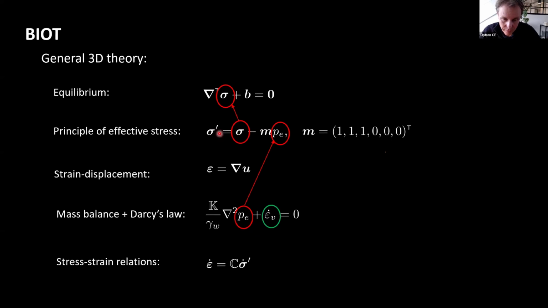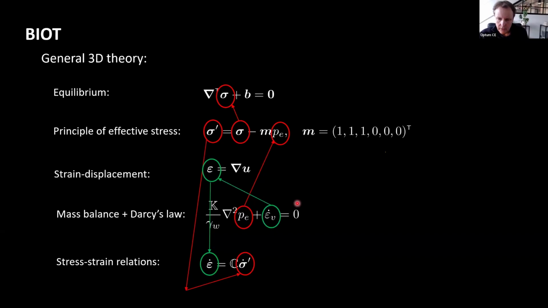The principle of effective stress also involves the effective stress itself, which of course also is part of the stress-strain relations. So everything is coupled like that. And if you look at epsilon V, the volumetric strain, well, that is related to the strain displacement relations, and also to the stress-strain relations. So everything is kind of coupled here.